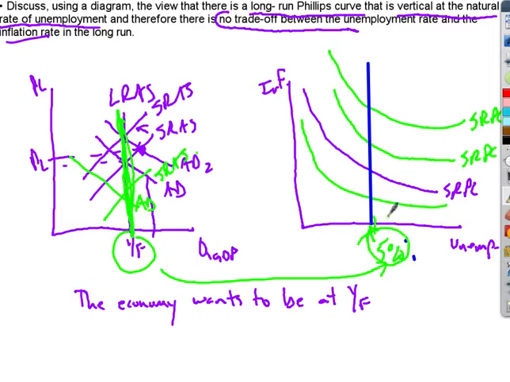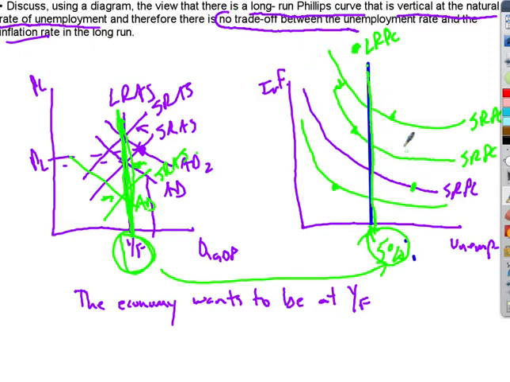And so this is what they mean by the long run Phillips curve. It's a vertical line because these unemployment and inflation numbers end up bouncing all around this natural rate of unemployment, because of the market forces that will either correct for an inflationary gap or correct for a deflationary gap. They're always pushing back to this natural rate. And so that's why in the long run, the Phillips curve is this vertical line.